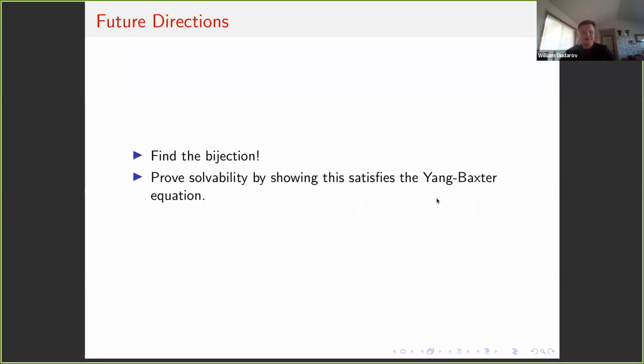And so the next steps are to look for that bijection, find that bijection, prove that it is a bijection on these special bicolored charged lattice model states, and then prove solvability by showing that our model satisfies the Yang-Baxter equation.